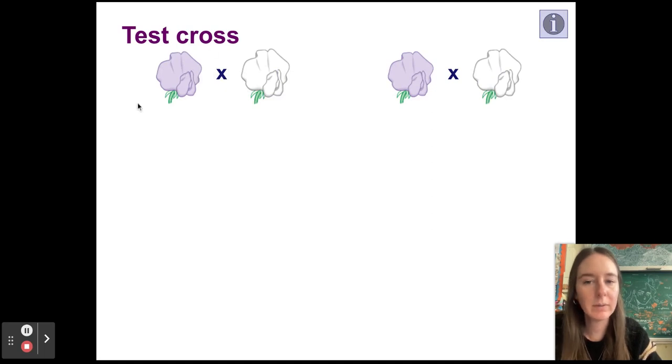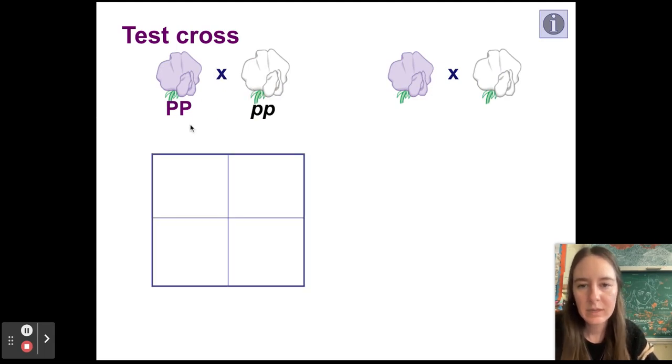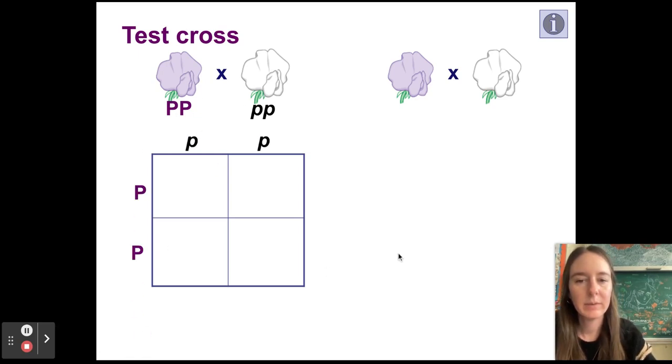We don't know what its genotype is, but we're certain that this one is little p, little p. So we're going to make a prediction, a hypothesis. If it was homozygous dominant, then we could do our Punnett square. Let's say this is our sperm, this pollen, going to land on this egg here.